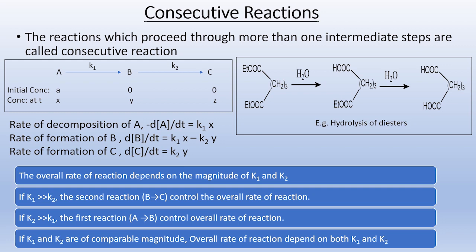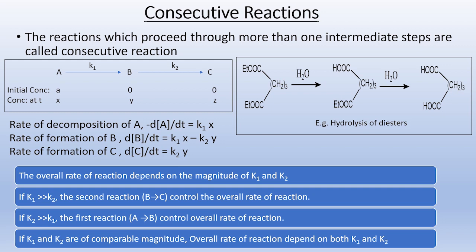Rate of decomposition of A equals rate constant K1 into X. Starting concentration is X. So rate of decomposition we usually write minus d[A] by dt. Minus d by dt of concentration of A is equal to rate constant K1 into starting concentration at time t, that is X. And we can write rate of formation of B, d by dt of concentration of B. We have two steps or two reactions involving B. One is formation and the other is decomposition.